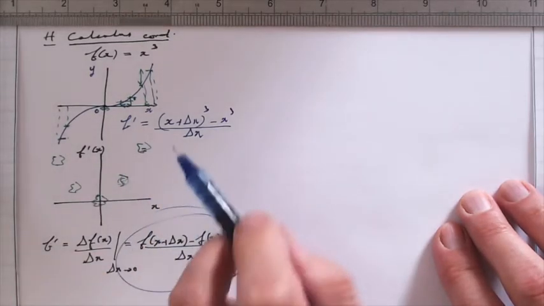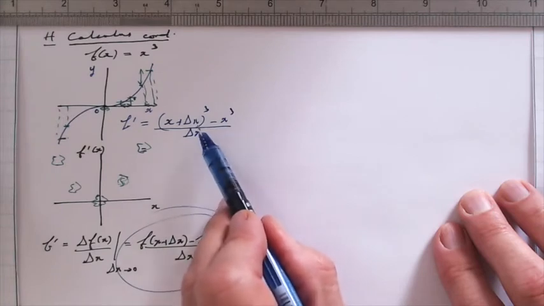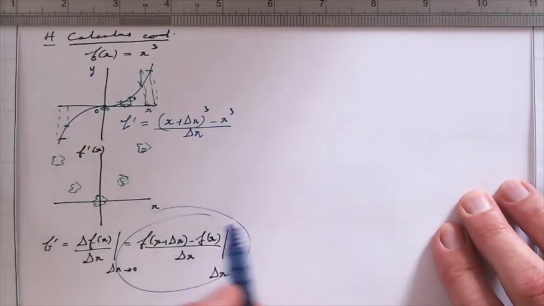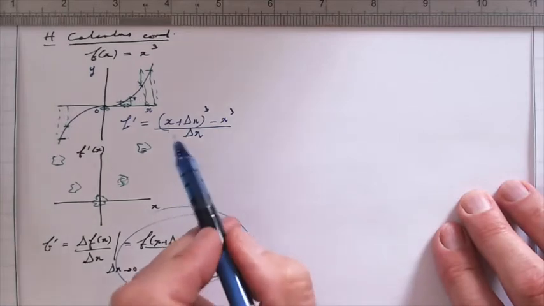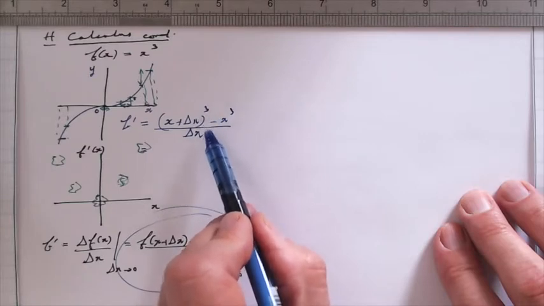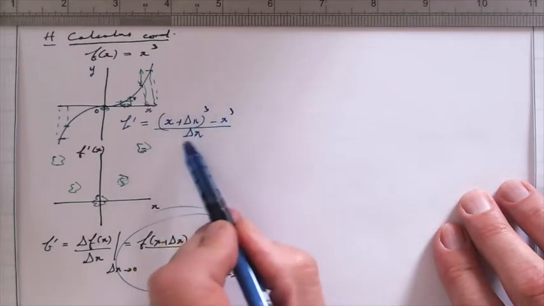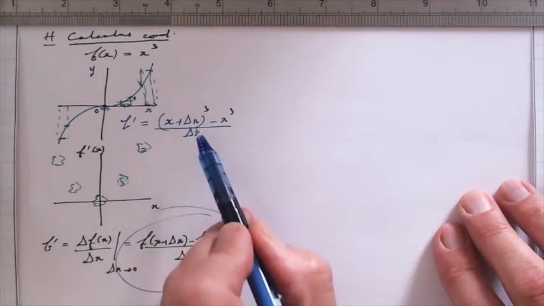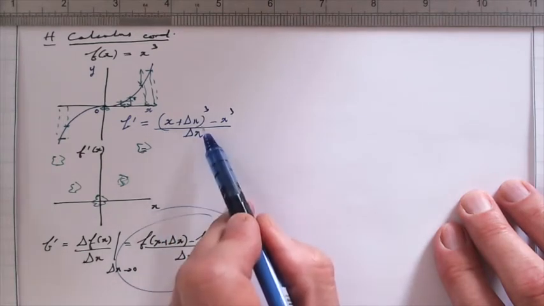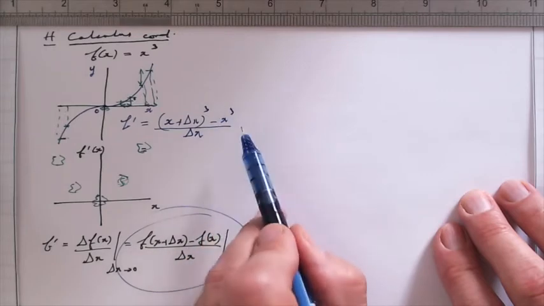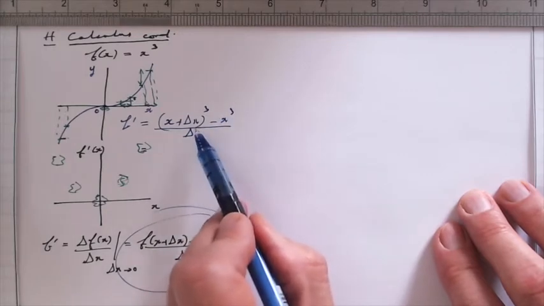Now, I'm not going to expand this out slowly because I don't really have space, and I'll let you do that at your own leisure. But if you've had a bit of experience multiplying out brackets, you'll easily be able to derive what this is. You can just think of it as x plus delta x times the square of x plus delta x. We found out what the square of that was in the last tutorial, and we're just going to multiply that again by x plus delta x.